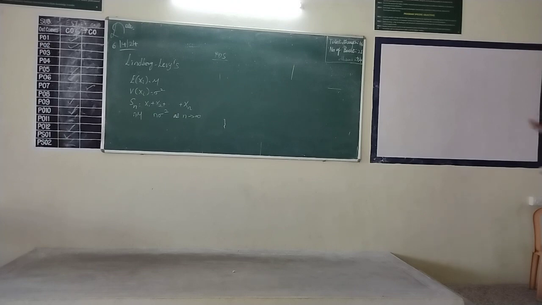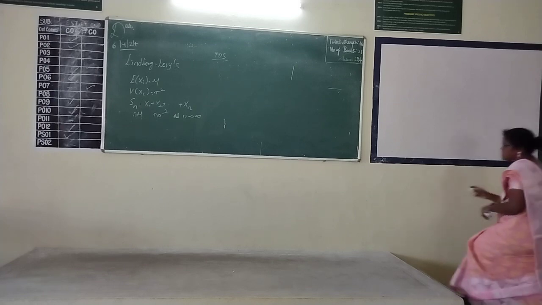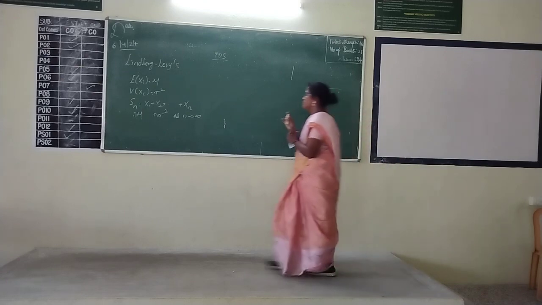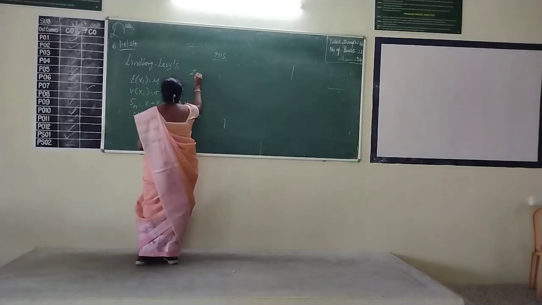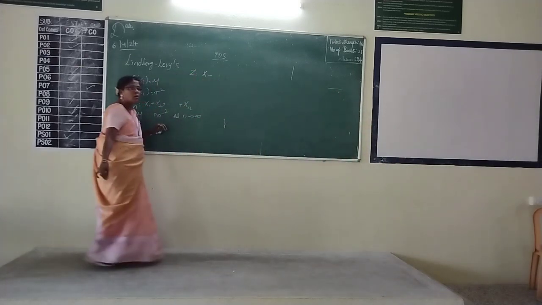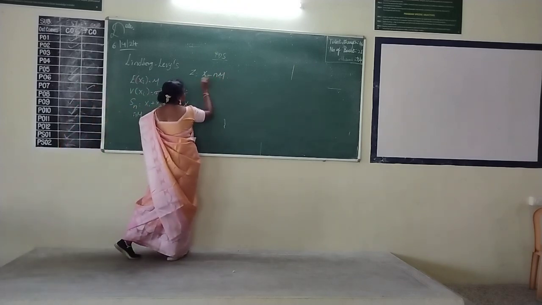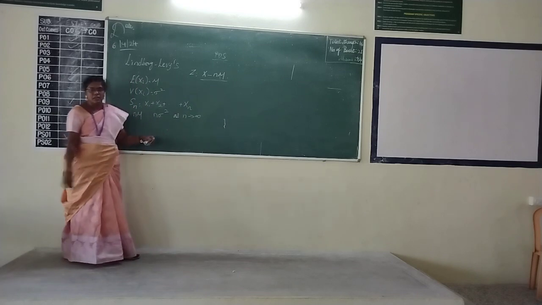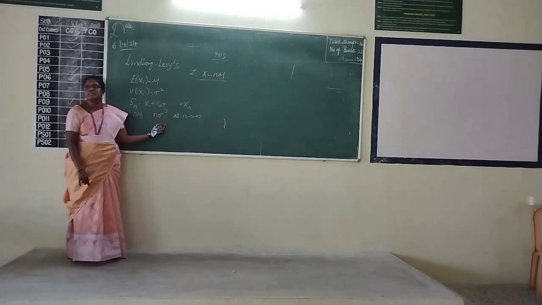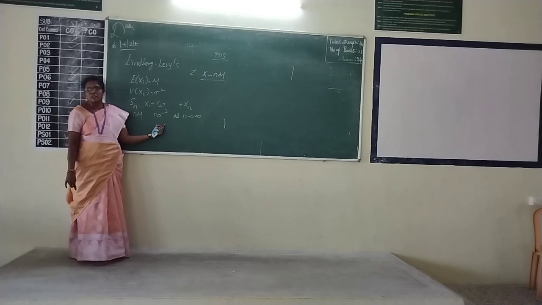So you are given the mean as n mu, and the variance is going to be n sigma square. If you are going to discuss the problem with this one, our Z will be x minus mean, the mean value being n mu, divided by the standard deviation. This is the variance, so the standard deviation is the square root of this.